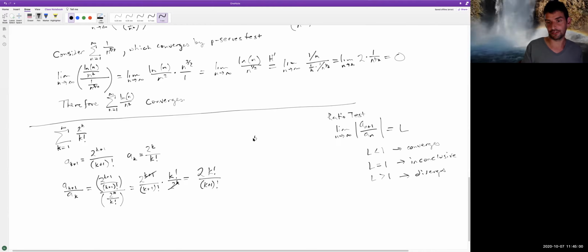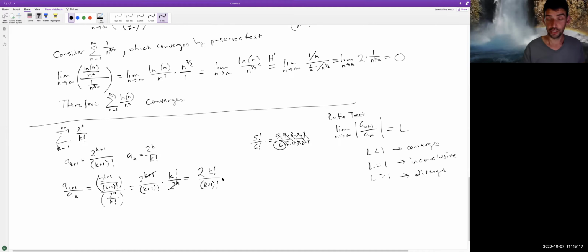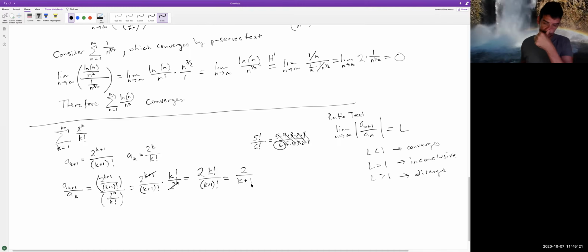If I have something like 5 factorial over 6 factorial, 5 times 4 times 3 times 2 times 1 over 6 times 5 times 4 times 3 times 2 times 1. Notice everything's going to cancel except for that top term. That would be k+1. So this works out really nicely as 2 over k+1.